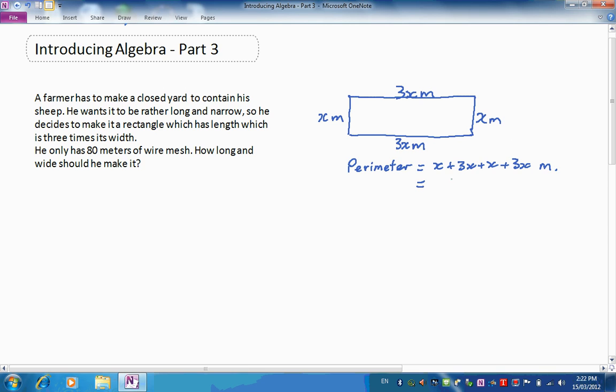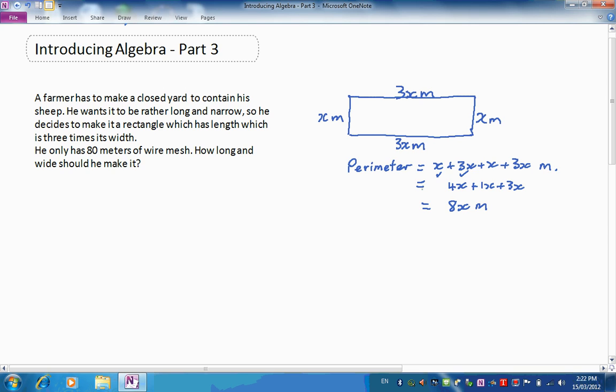And x means the same number in all those positions. So let's count up how many we have. We've got 1x plus 3x, well that'd be 4x, plus another 1x, plus another 3x. So altogether there we have 8 lots of the length x.